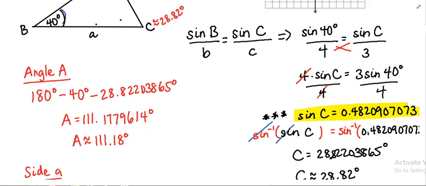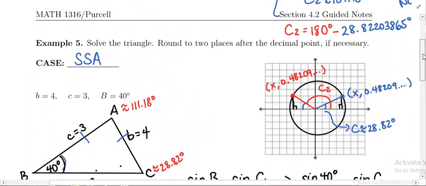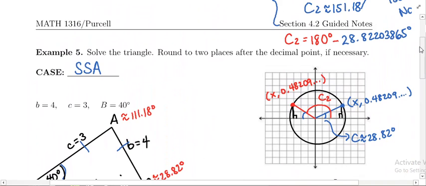If that sum is less than 180, then there will be a second triangle. If the sum is bigger than 180, there's not room for a third angle, so there is no second triangle. So for law of sines, you really need to focus on one triangle versus two triangles in the SSA situations. And if you need any help, let me know.